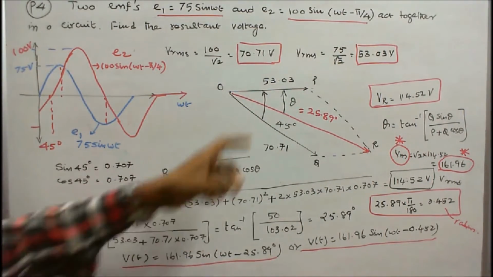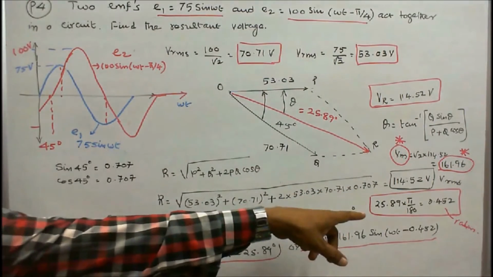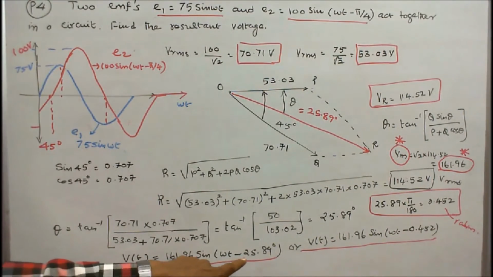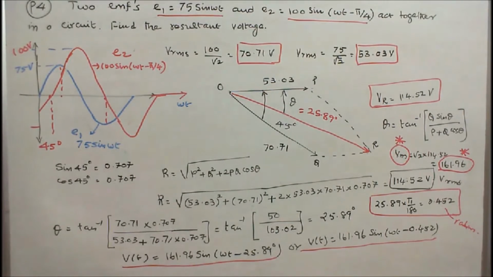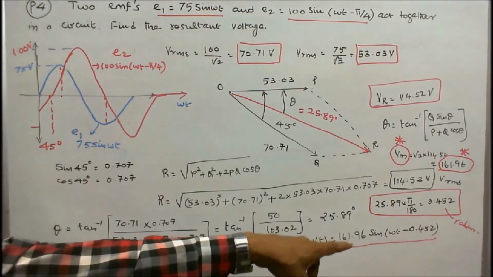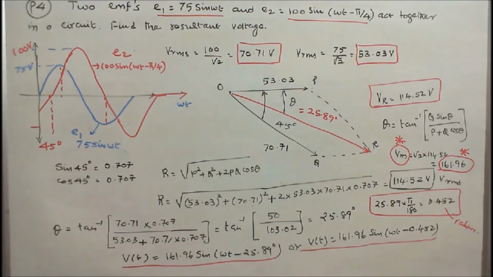If I want to convert it into radians, 25.89 into pi by 180, that is equal to 0.452. Therefore, the resultant voltage v of t is equal to 161.96 sin (omega t minus 25.89 degrees), or v of t is equal to 161.96 sin (omega t minus 0.452) in radians.